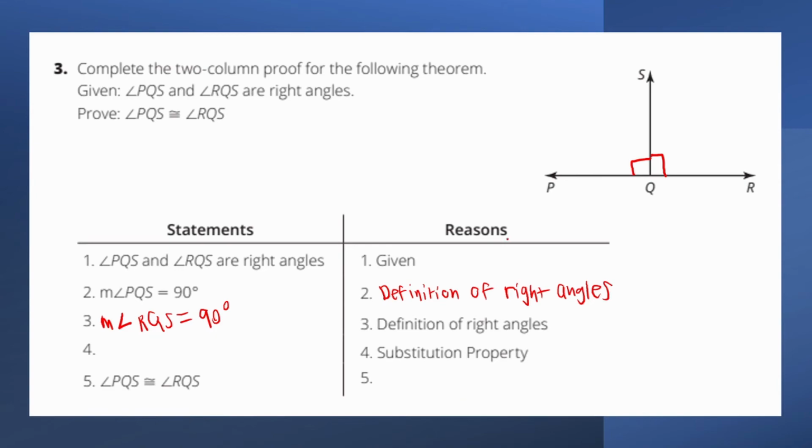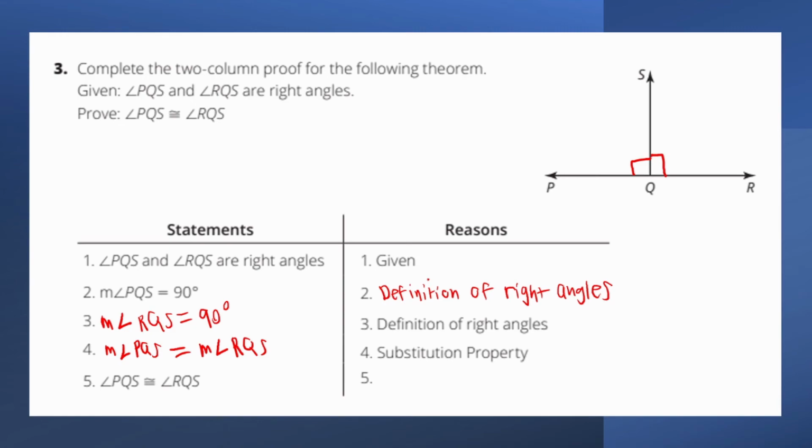And now it says the substitution property, which just means that these two things have to be equal. The measure of angle PQS is equal to the measure of angle RQS. And why is that true? Well, that's true because they both equal 90. This also might be known as our transitive property. So they use substitution property.